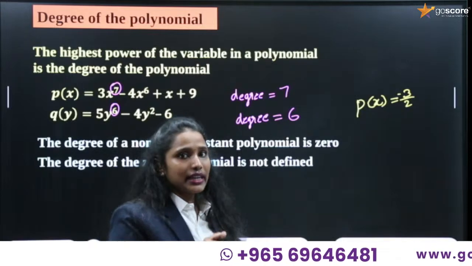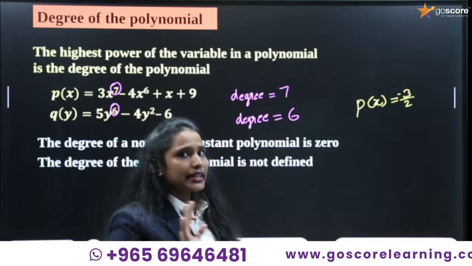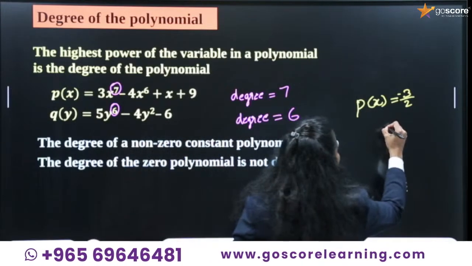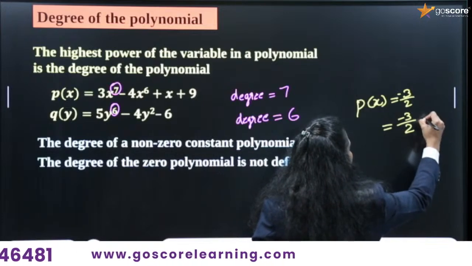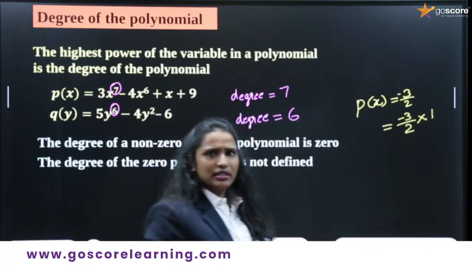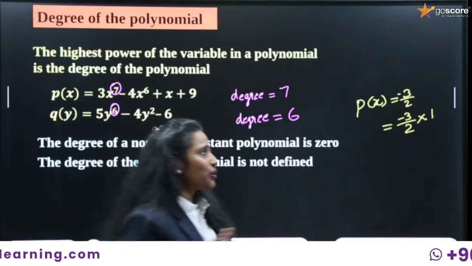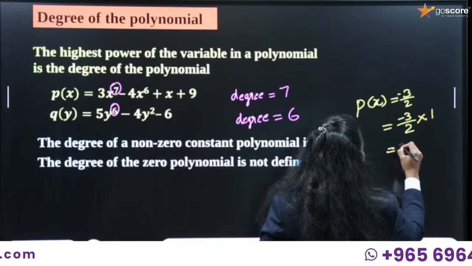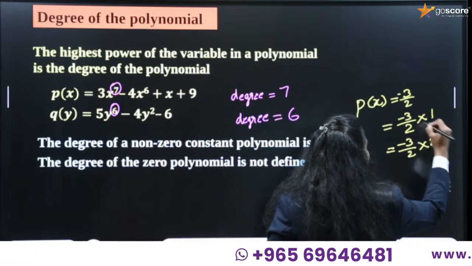We need the power of the variable to find the degree, right? So, the x is hiding there. Let's do minus 3 by 2. This is minus 3 by 2 into 1. We can simply write it. 1 is the multiplicative identity, no change. So, we can simply change this 1 into x raised to 0.